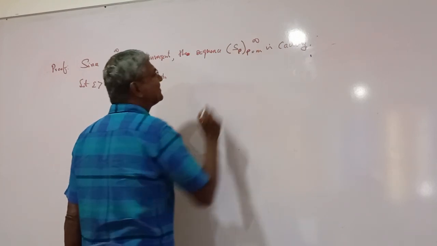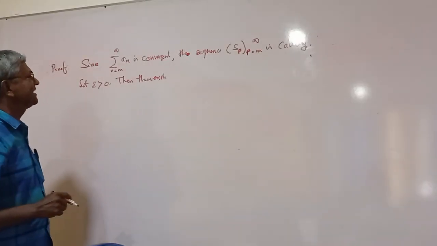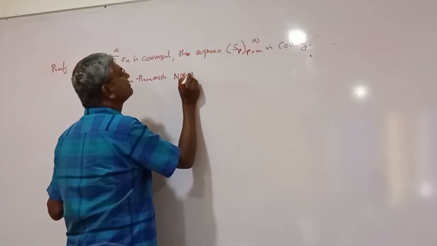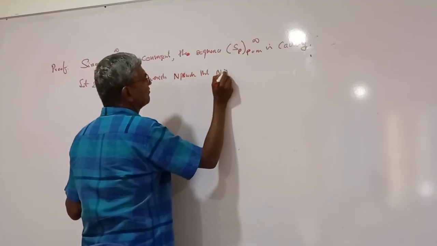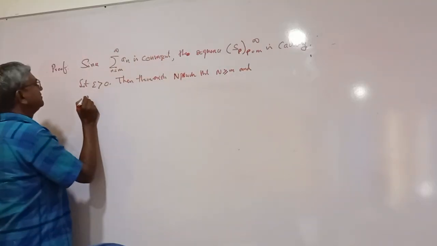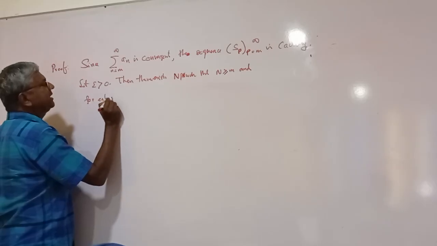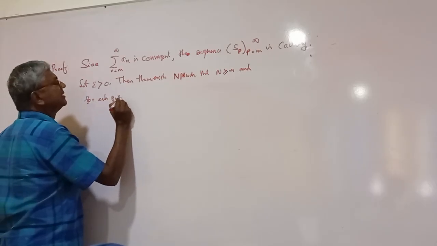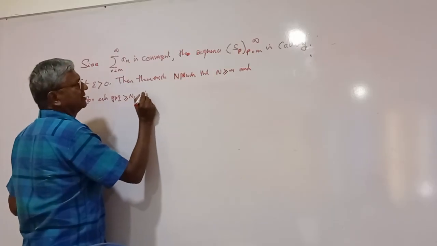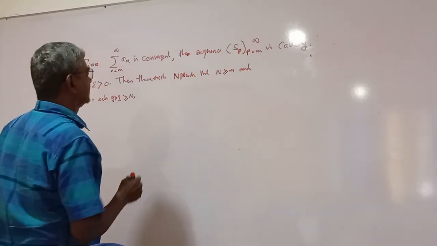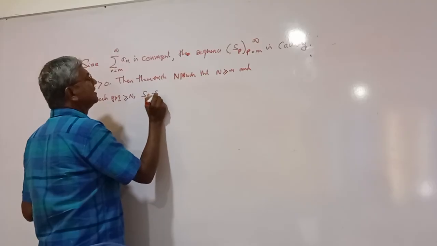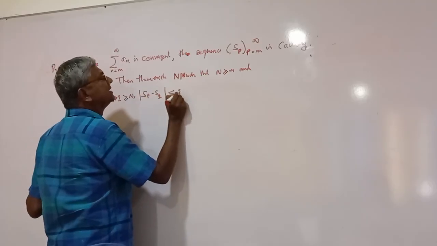Since S_n going to infinity is Cauchy, there exists N belonging to the naturals such that for each p, q, p greater than q greater than or equal to N, |S_p minus S_q| is less than epsilon.